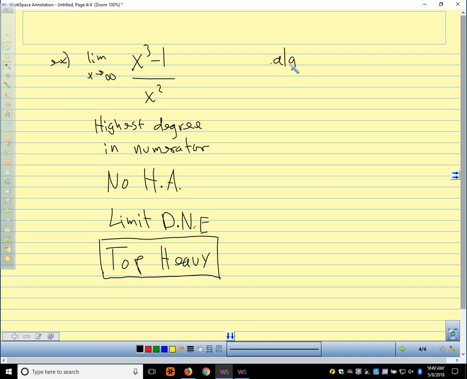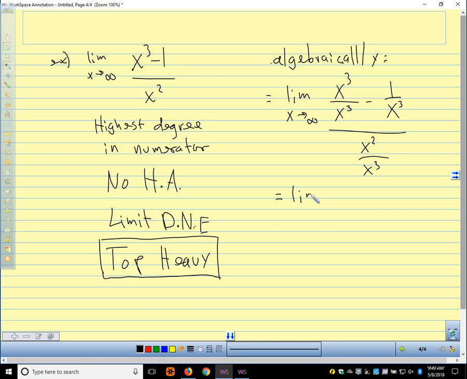Algebraically, divide everything by the highest power of x, the highest power of our variable. Our highest power is x to the third. So we get x to the third over x to the third, minus 1 over x to the third over x squared over x to the third.